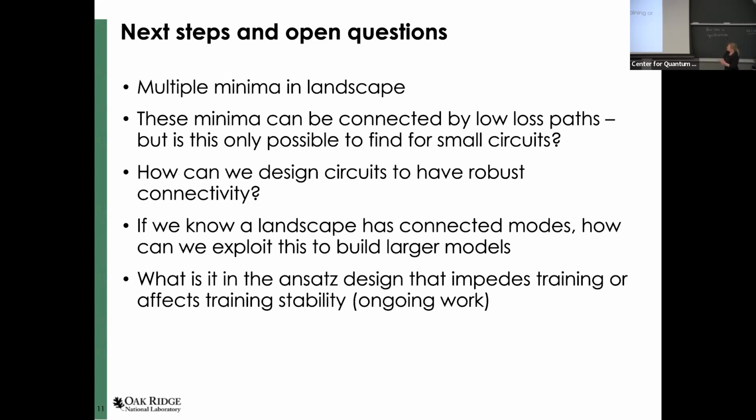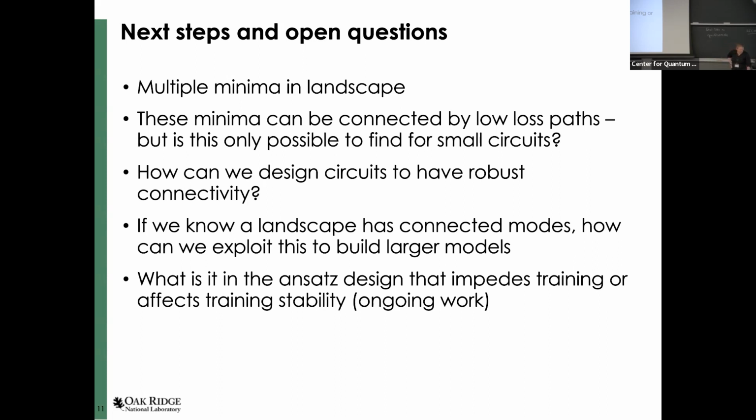But the question is, how can we now design circuits to have robust connectivity? And that could be robust in terms of increasing circuit size or depth, or more importantly, robustness against noise. That is absolutely an open question and something that we're actively investigating right now.